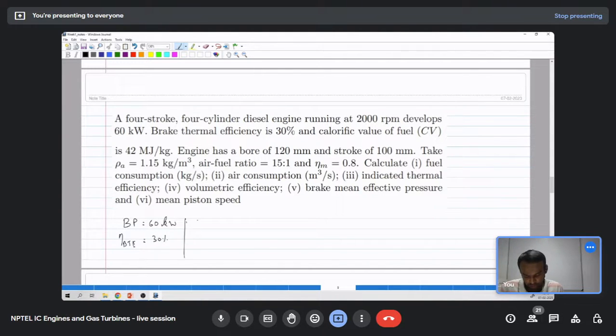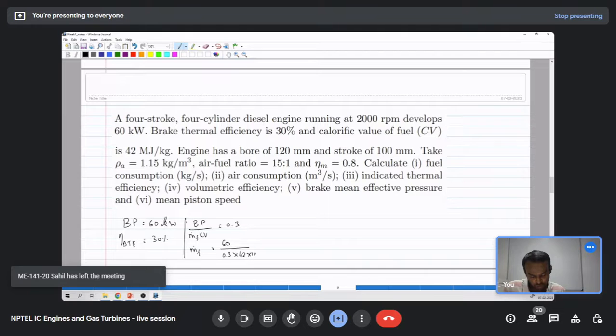So brake power divided by m dot f into CV, that is fuel power in the denominator, is 0.3. That means m dot f is equal to brake power, 60 kilowatt, divided by 0.3 into calorific value. Calorific value is 42 megajoule per kg. Having everything in SI units is better, so I will have 42 into 10 power 6 joules per kg, and in the numerator 60 into 10 power 3.